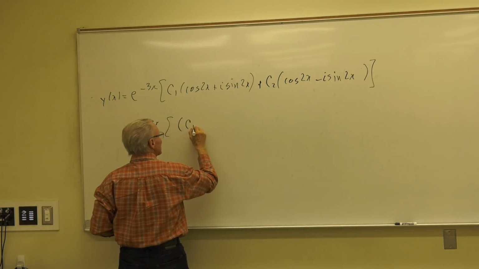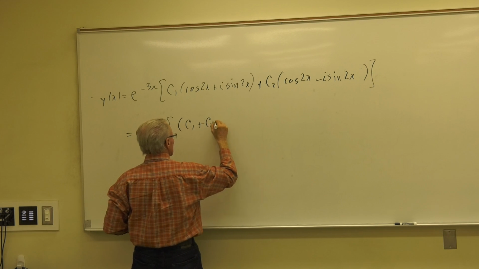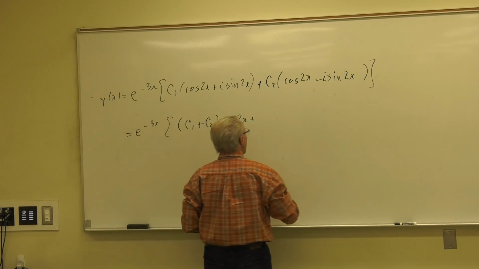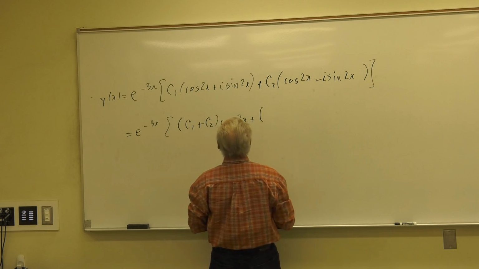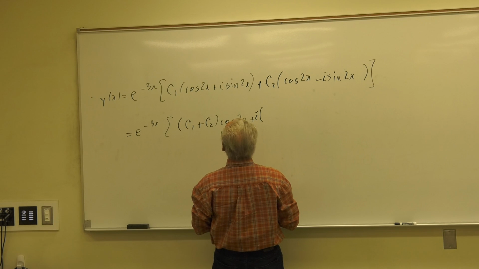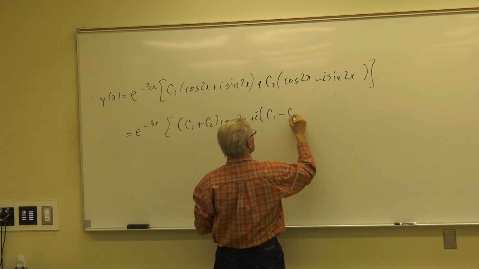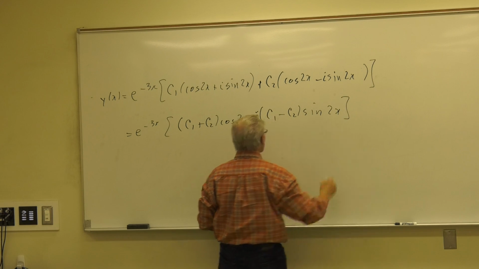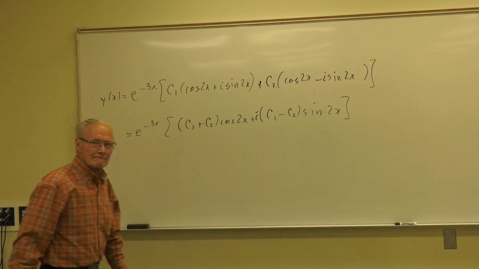So I would have (c1 plus c2) times the cosine of 2x, plus i times (c1 minus c2) times sine 2x. There. Right?